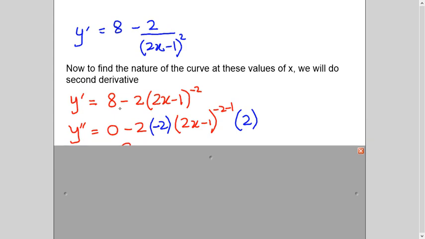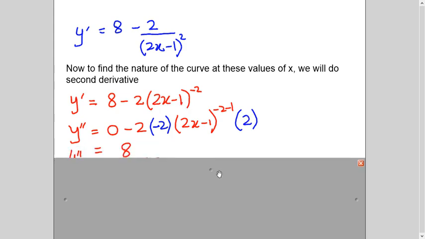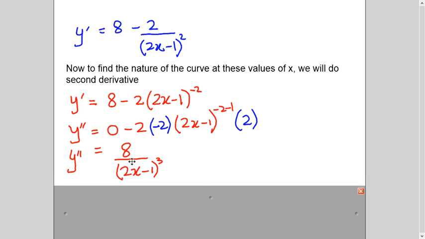Differentiation of 8 will become 0. The same procedure, minus 2 will come here. Minus 2 will be subtracted by 1 and then multiplied by the differentiation of this, which is 2, because the differentiation of this is 2 minus 0. Minus 0 we don't write. So now this gives us the function for the double derivative, which will help us to find the nature on those two values of x.